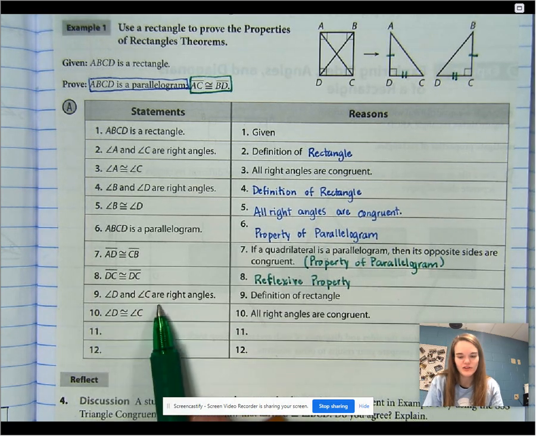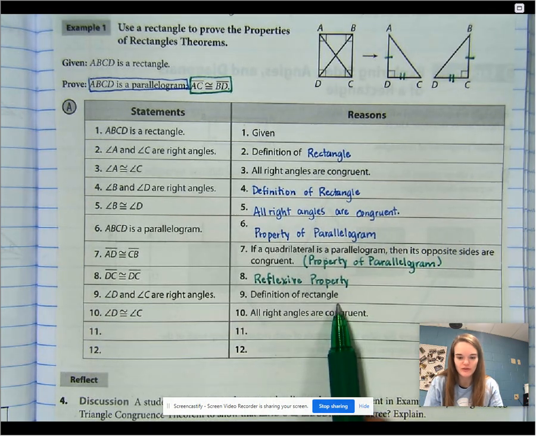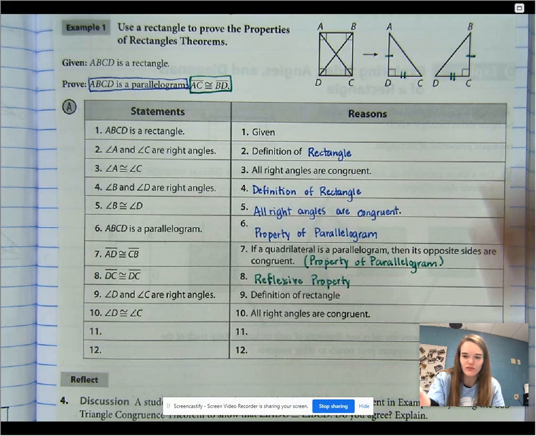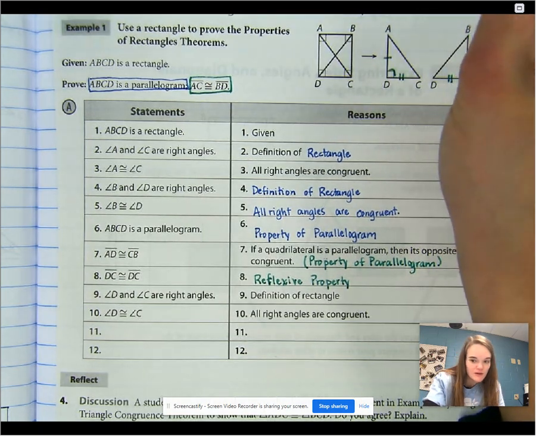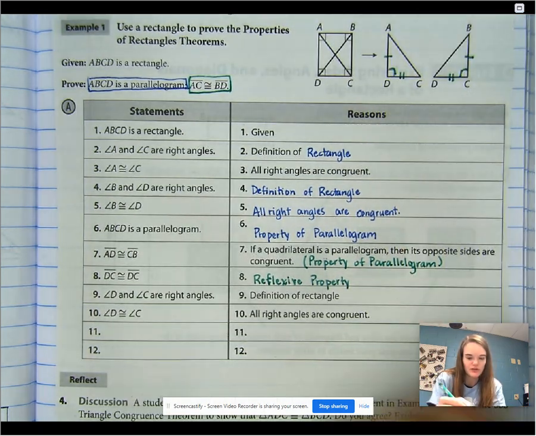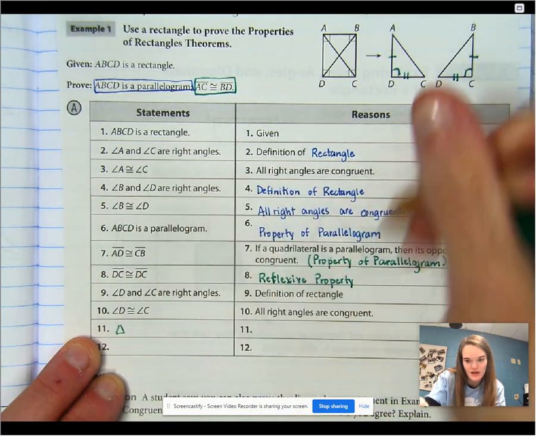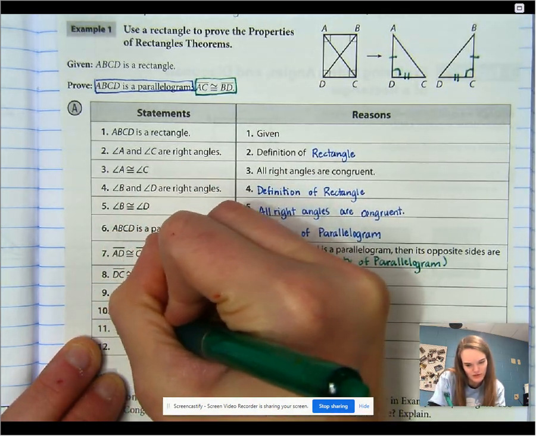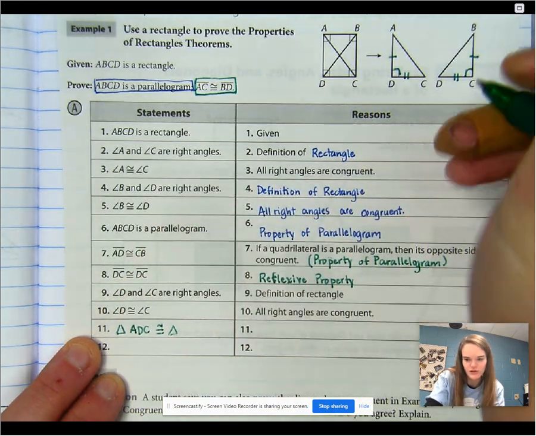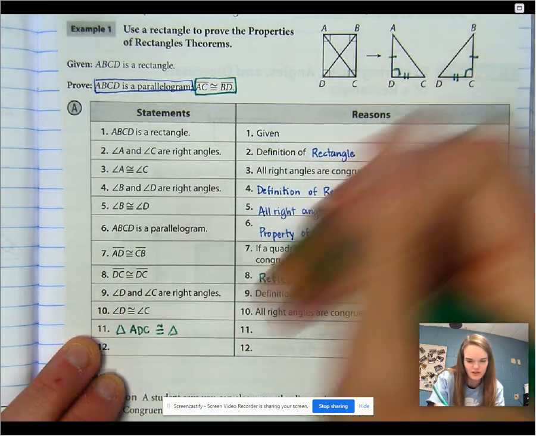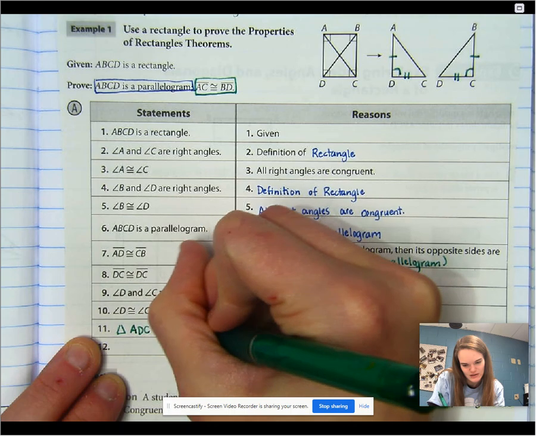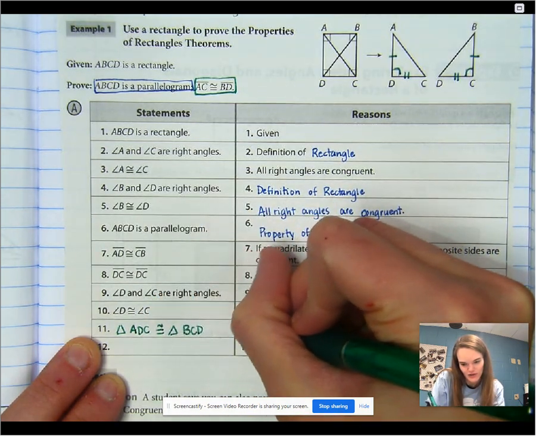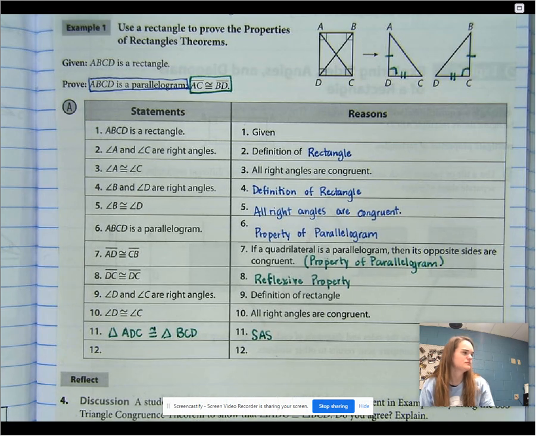All right, angles D and C are right angles because of the definition of a rectangle. D is congruent to C because all right angles are congruent. So we have side, angle, side. So triangle ADC is congruent to triangle BCD by the side, angle, side triangle congruence theorem.